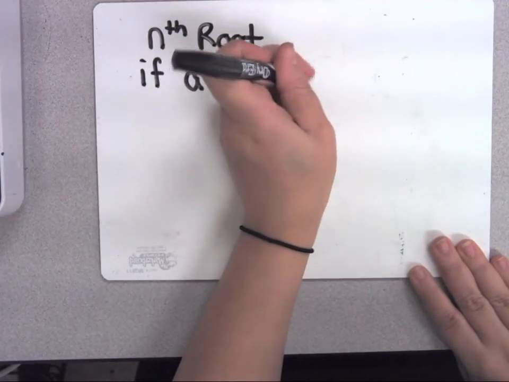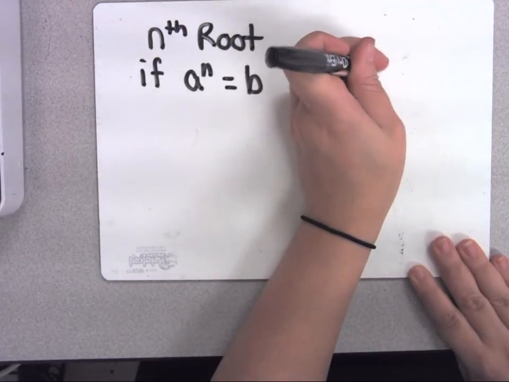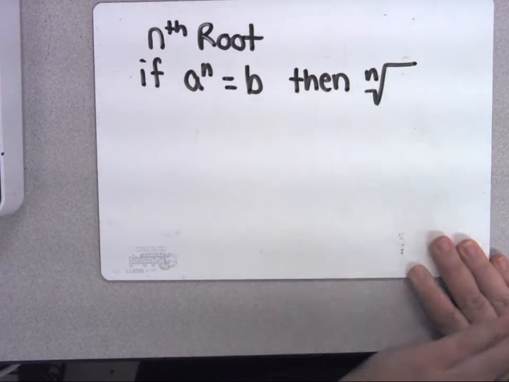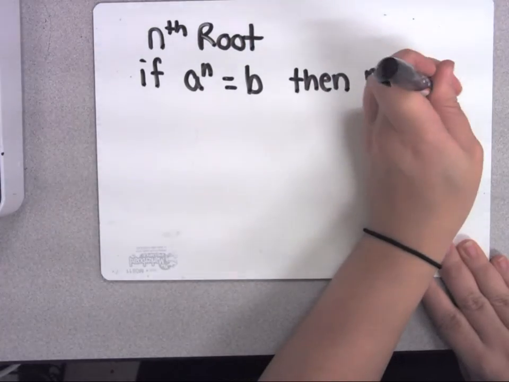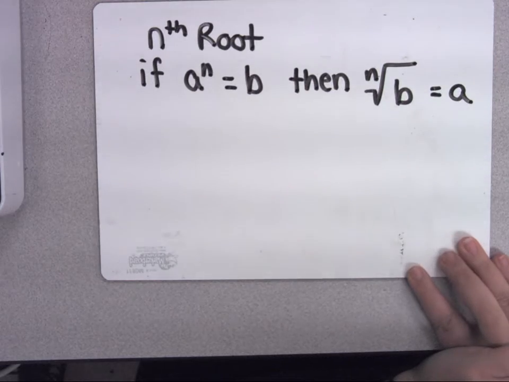Then this can be rewritten as the nth root, so it's like a square root, but instead of, we don't know what the power is, that's an n, of b equals a.